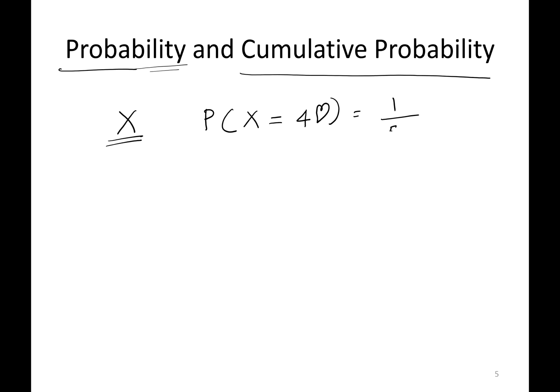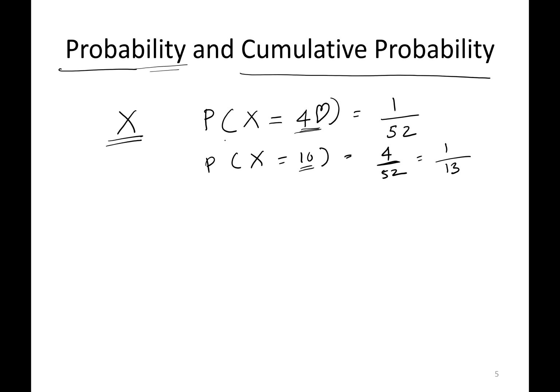That's the probability that you will pick a card that will match this 4 of diamond. Or if you say X is 10 of any suit, then that will be 4 divided by 52. It could be 10 of diamonds, spade, heart, and so on. You have 4 cards that have a value of 10, so that becomes 1 over 13. That's the probability.